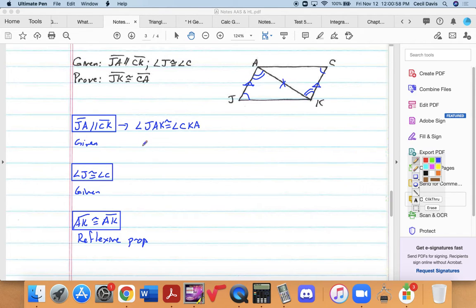What's the reason for that? Yeah, the alternate interior angles theorem. Now we have enough to prove them congruent, yes.